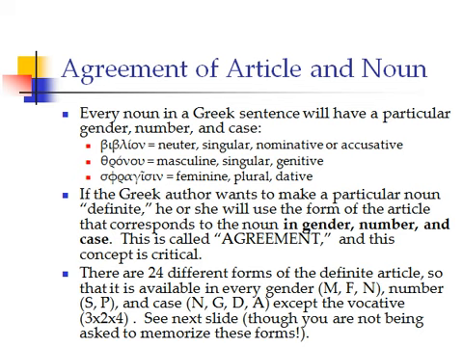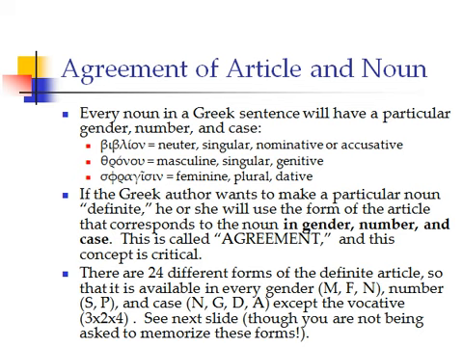Where this becomes important, aside from knowing whether we're talking about a singular or plural noun, or dealing with the sense relationship of that noun within the sentence, is in this matter of agreement.